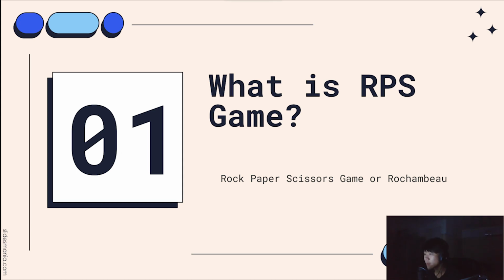This game has three possible outcomes: a draw, a win, or a loss. A player who chooses rock will beat another player who has chosen scissors, because rock crushes or breaks scissors. But rock will lose to one who has shown paper, because paper covers the rock.